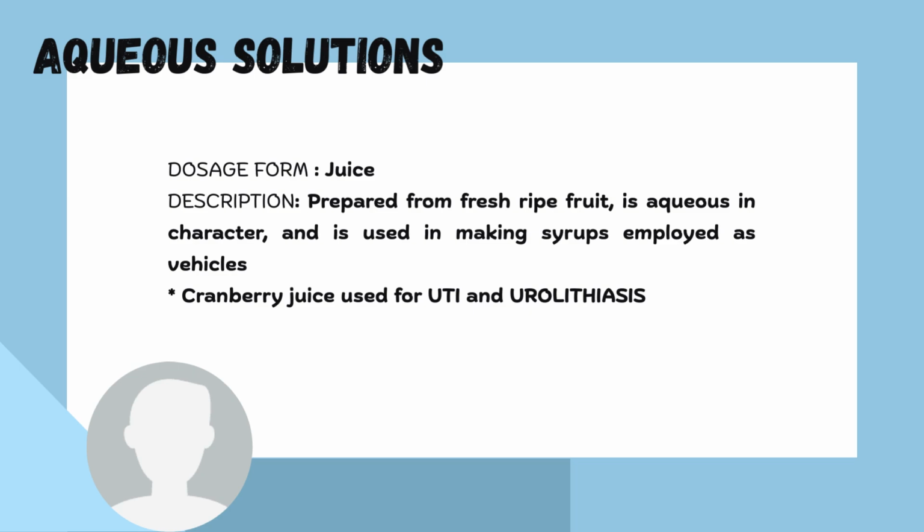So tip to remember, think of cranberry juice not just a drink but also a medicinal juice used in pharmacy for UTI prevention. Okay, important notes: must be prepared from fresh, ripe fruits only, should be strained and clarified to remove solid particles, and because they are perishable, they are often preserved with alcohol or sugar or used immediately to make syrups.